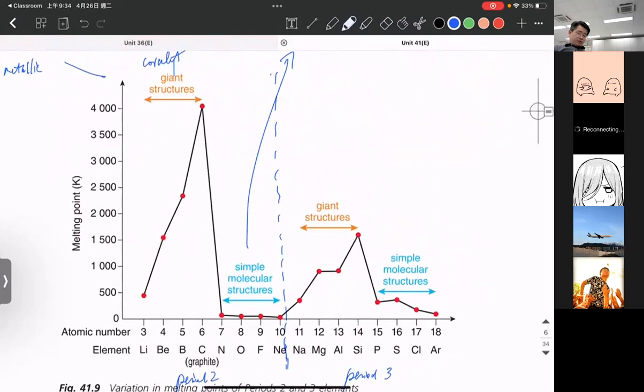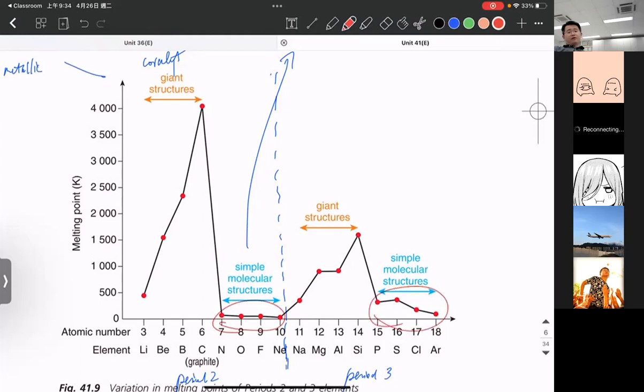Can you see that? Now, Mr. Chin, do you mean that we need to memorize the exact melting point temperature? No, no need. But you have to memorize the pattern. Climbing up the hill, then dropping down, especially on these parts.